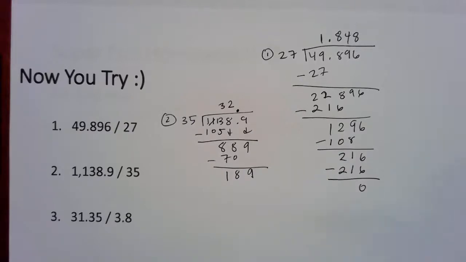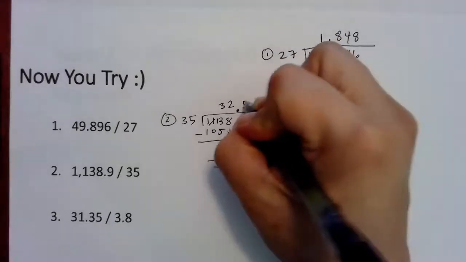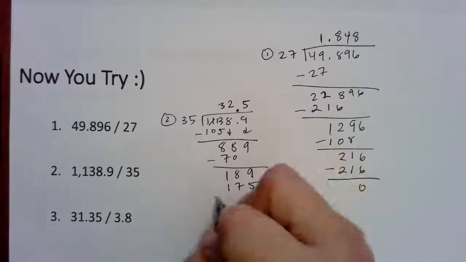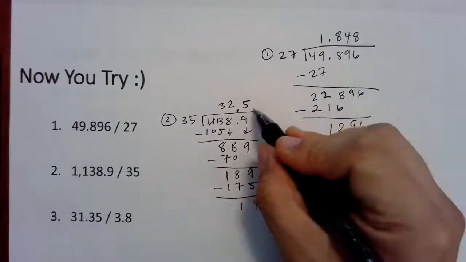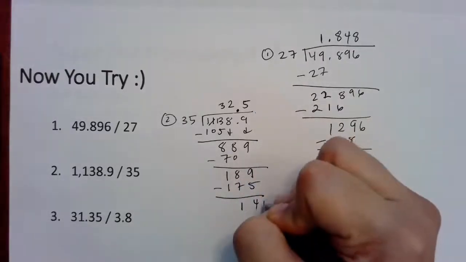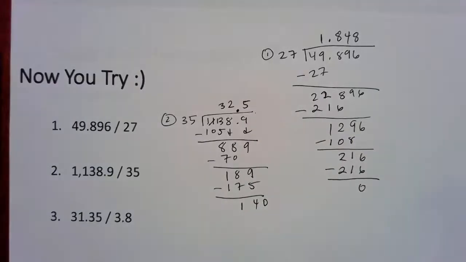I think we could do one better. 35 times 5 is 175. That's good. Okay, we subtract. And then that would give us 14. And then we don't have any more here, but we could bring down a 0. Okay? And that actually works. 35 times 4 is 140 exactly. So that's it.